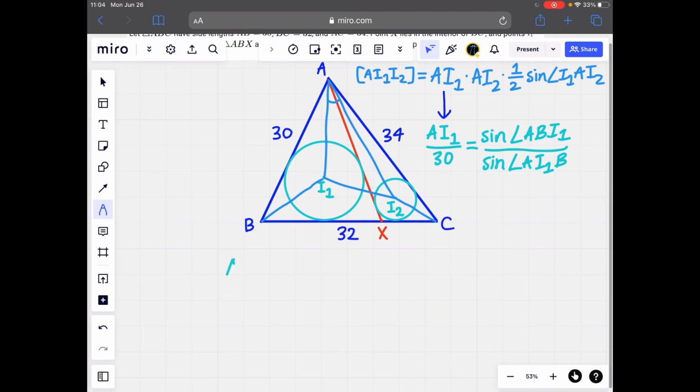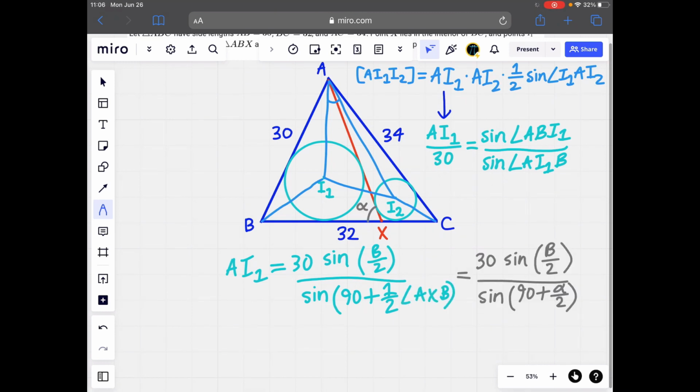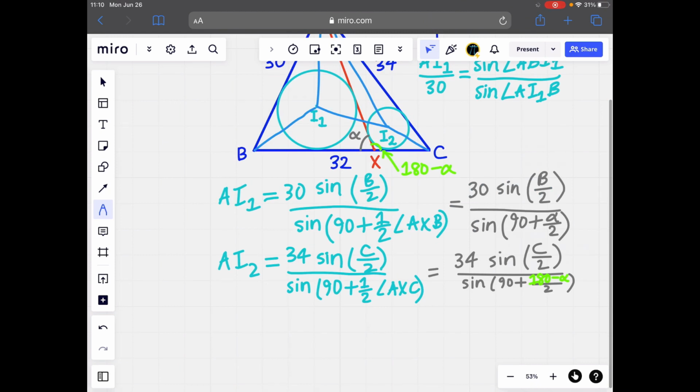So we can use this, and we find that AI1 equals 30 sine of angle ABI1, which is just half angle B, so B over 2, over sine of angle AI1B, which is well known to be just 90 plus 1/2 angle AXB, which from now on we will refer to as alpha. With similar computations to the one I did just now, we can get AI2 equals the expression below AI1.